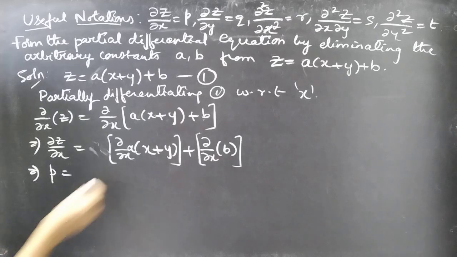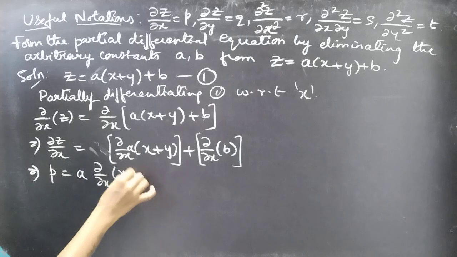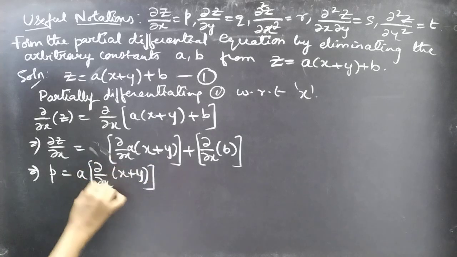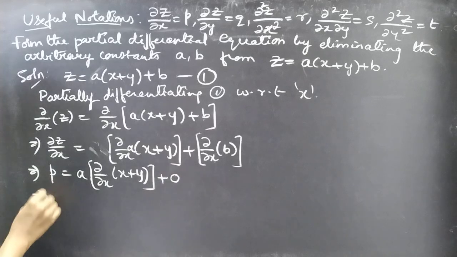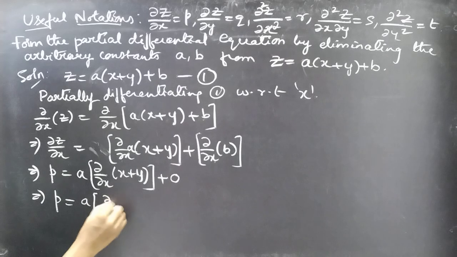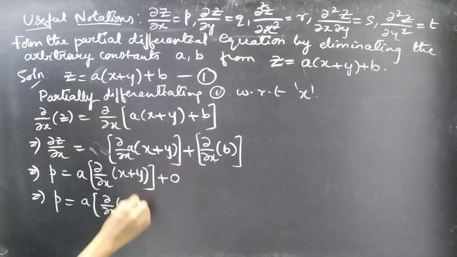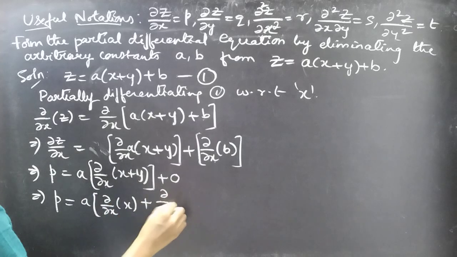Okay, fine. Now we'll write this as constant into partial derivative of x plus y plus partial derivative of a constant with respect to x is 0. From this you'll get p equal to a into partial derivative of x with respect to x plus partial derivative of a constant with respect to x.